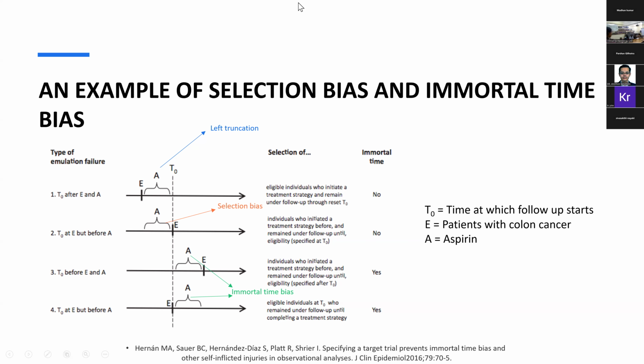Immortal time bias occurs when your assignment or your intervention occurs after you start following up. Now, I can say that my criteria for choosing a person who is taking aspirin is they should have bought at least 3 prescriptions of aspirin. If they have bought 3 prescriptions of aspirin from the pharmacy, then that means they are taking aspirin.